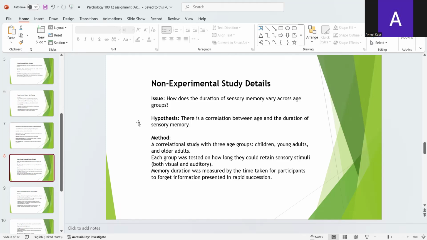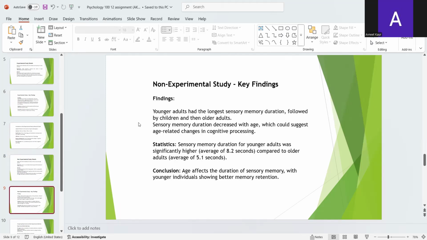Each group was tested on how long they could retain sensory stimuli, both visual and auditory. Memory duration was measured by the time taken for participants to forget information presented in rapid succession.